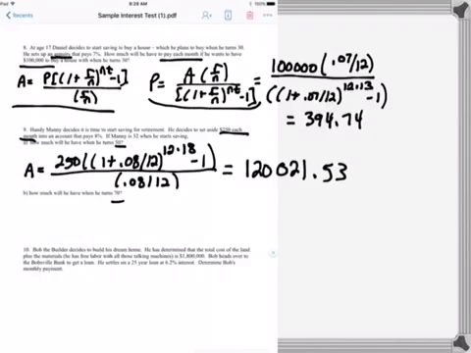So when we compute, we get 120,021.53. That would be for the first time period, for the 18 years. And then we do the same thing for the 38, and when we do that, we see that it's 738,577 and 52 cents.